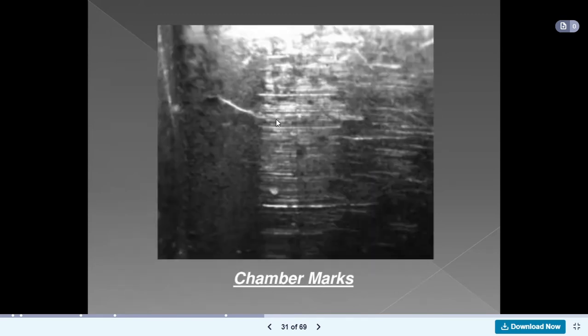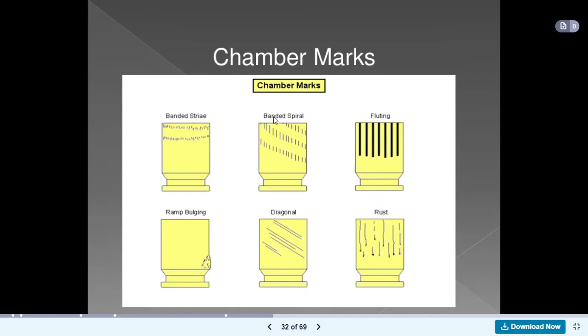So, chamber marks, example. Another illustration showing chamber marks: striations, spiral, floating, rust, diagonal, ramping, bulging. It expands at the ramping, bulging. In bulging, it expands.